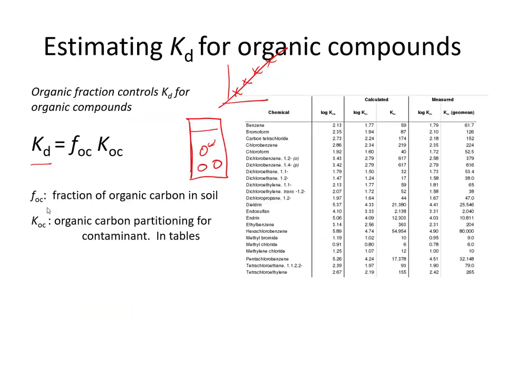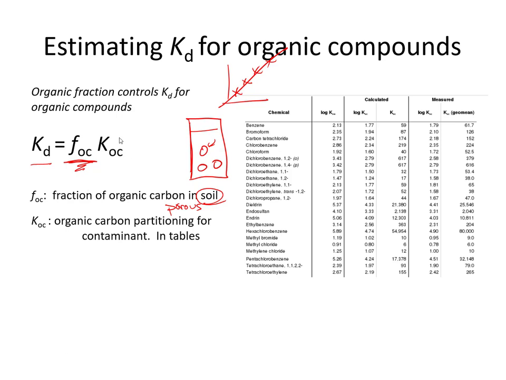And so one of the things that you can do is to measure the fraction of organic material in soil, and this is fraction of organic carbon in soil, or in the aquifer material. So this would be, let's just say, in the porous media. And we can do that just by separating out the organic material and analyzing it, measuring it.